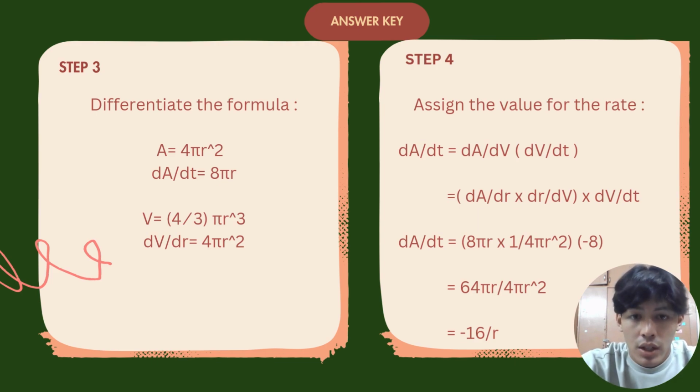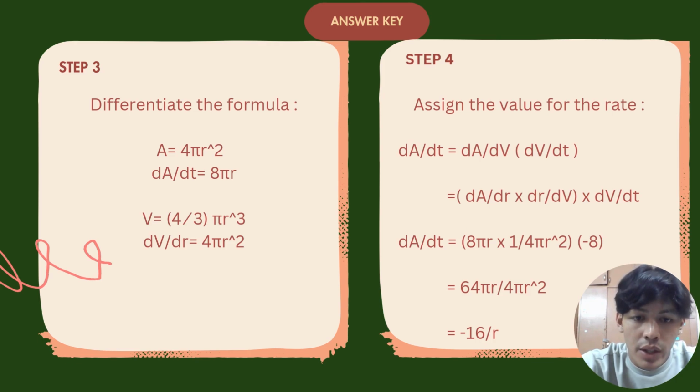So we move to step 4, which is to find the value for the rate. dA/dt equals dA/dV times dV/dt. Then we get dA/dr times dr/dV. We bracket both of those, then we times with dV/dt.